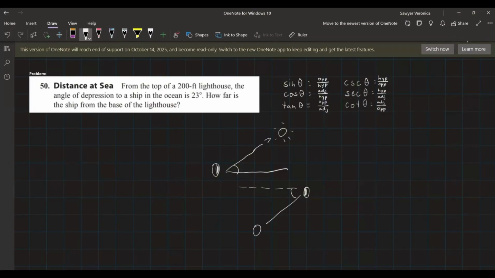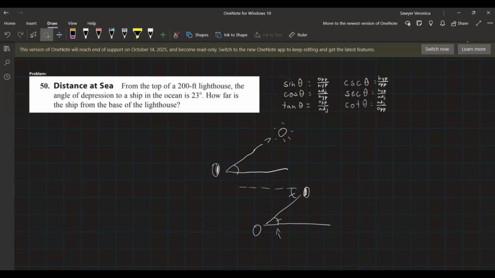And if we extend this further, we can make an angle over here. And we could notice that these two would be congruent because they are alternate interior angles. And this here looks like an angle of elevation.